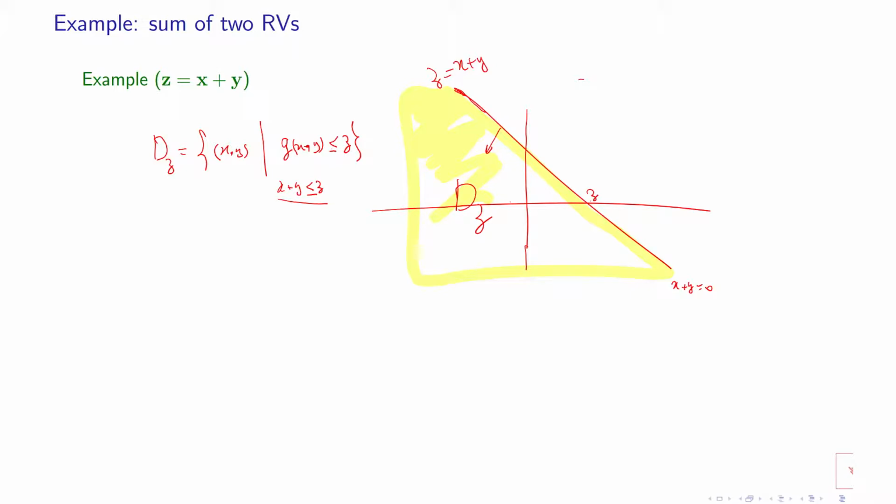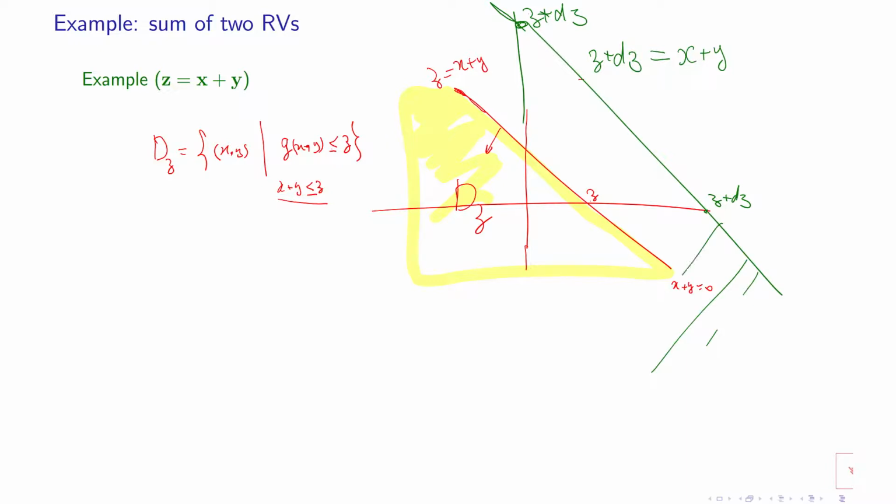If I plot the line, because I have to replace z by z plus dz, and equate it with g of x and y, so x plus y, it will become a line like that. So this point is z plus dz, and this point also will become z plus dz. So this set is D of z plus dz.